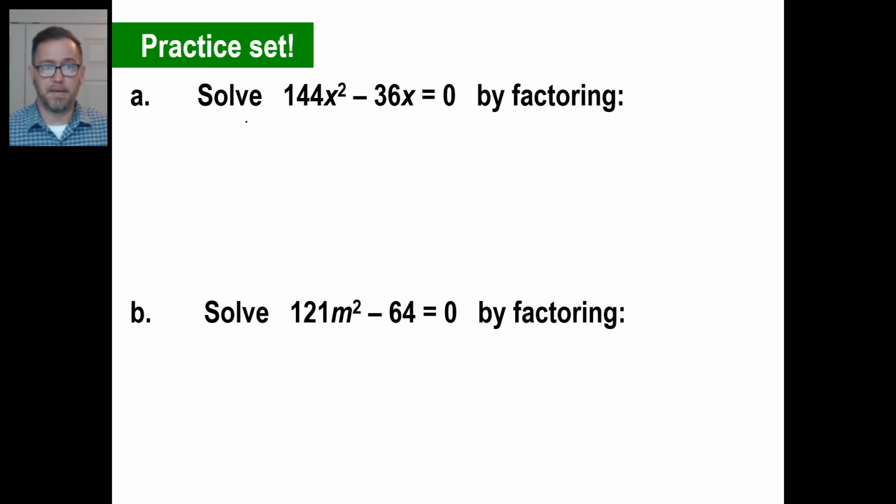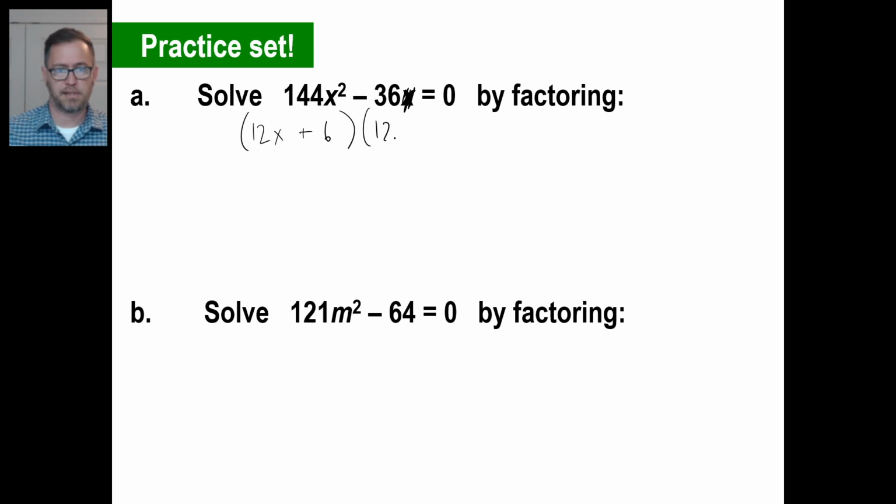Okay, well, immediately you should say, the square root of 144 is 12, the square root of x squared is x, the square root of 36 is 6. Let me pause this real quick, hold on. Okay, I didn't need that x there at all. That'll just be a 6.